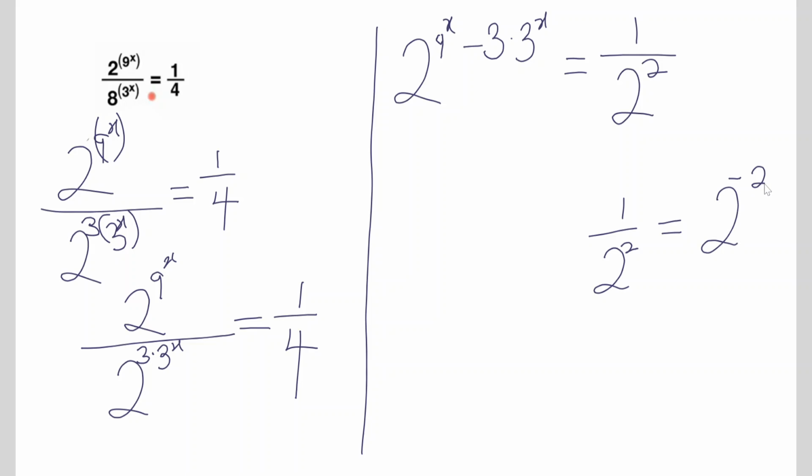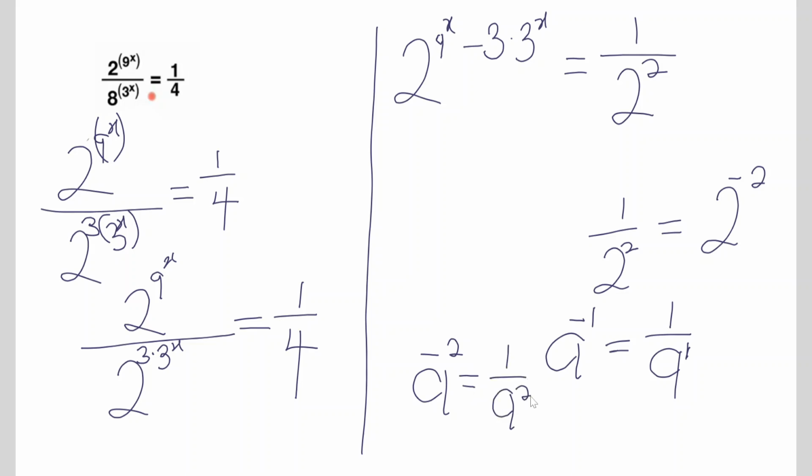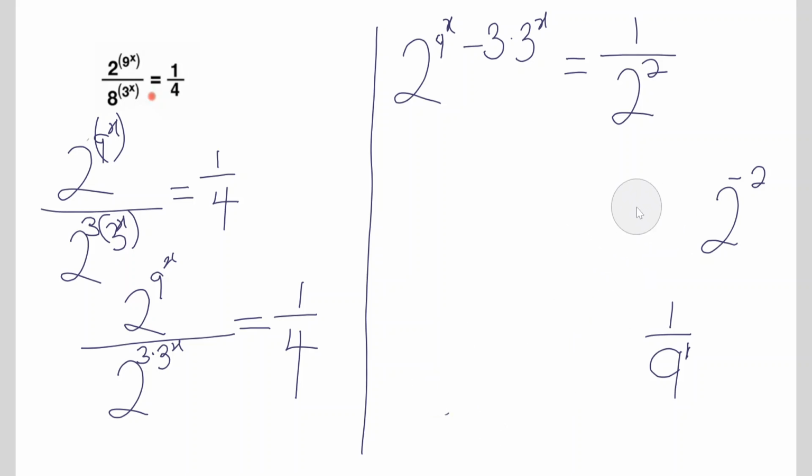Because one of the rules of indices says when we have a raised to the power of a negative number, it becomes 1 over a raised to the power of the positive number. So if I have a raised to the power of minus 2, the final answer is going to be 1 over a raised to the power of 2. And that is what I'm going to be doing here also. So 1 over 2 to the power of 2 can be written as 2 to the power of negative 2.